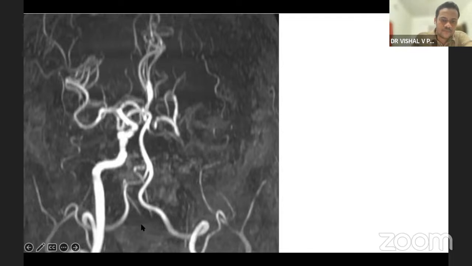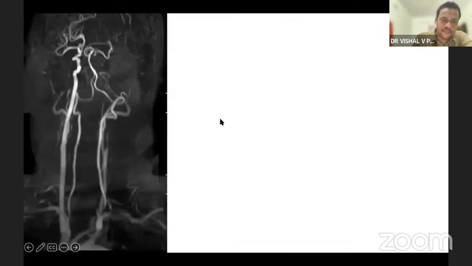On the left side, we can see there is no internal carotid artery visible, and the distal and proximal MCA branches are also not visible. And here we can see the internal carotid artery is almost completely stenosed with a streak of flow through the proximal segment of the internal carotid artery.